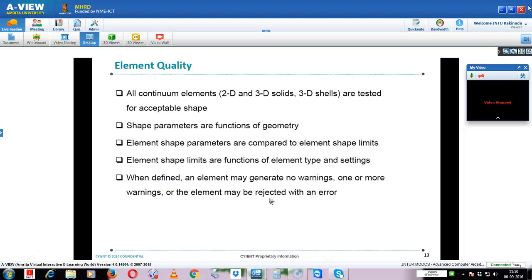When defined, an element may generate no warnings, one or more warnings, or the element may be rejected with an error. So when you try to measure geometry, we have three things. One, no warning.